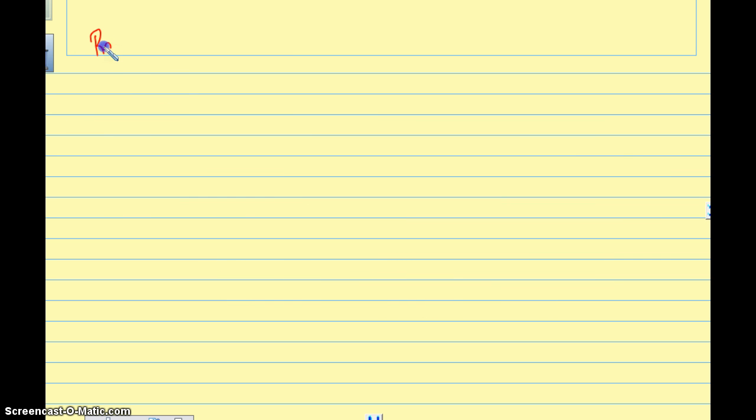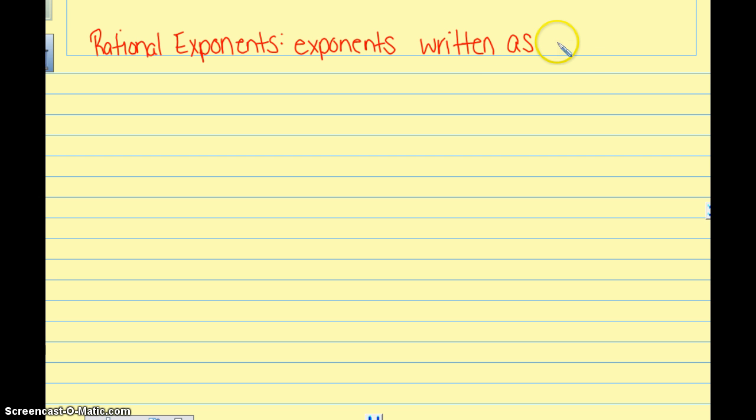Another thing we're going to review is rational exponents. Rational exponents are exponents that are written as fractions. And we're going to use m over n to represent our fraction.